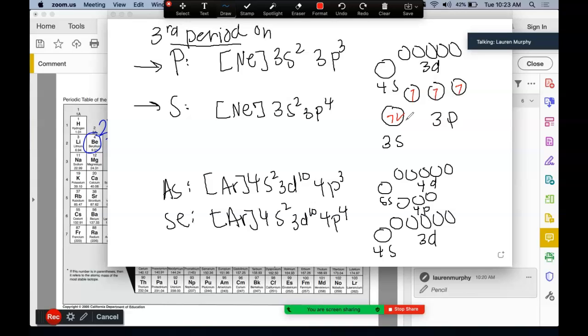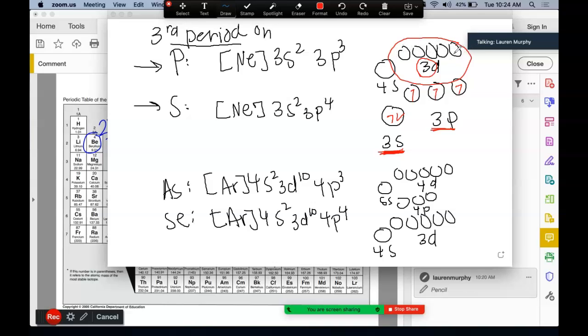Okay, so if you fill this shell right here, you have 8 electrons. However, you have the potential to have more than 8. And so the question is why? Well, the answer is once you get to the 3rd energy level, as you're filling in these, the d orbitals that are also on the 3rd energy level are empty.